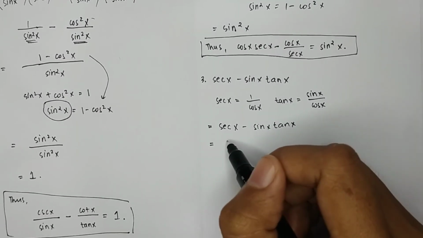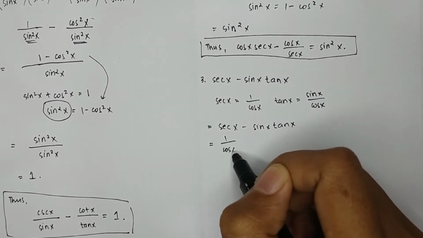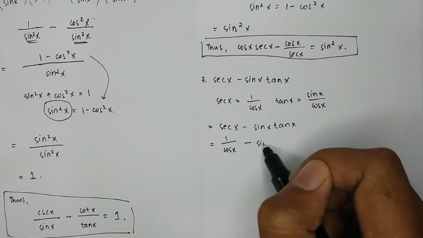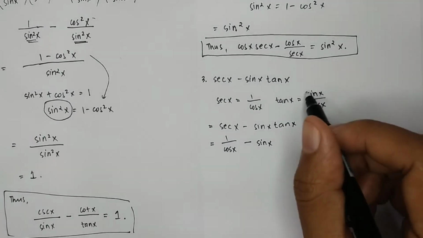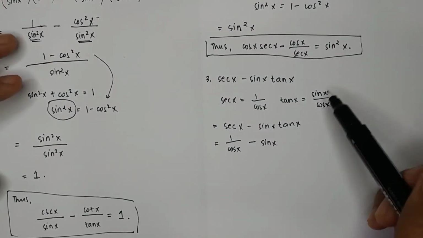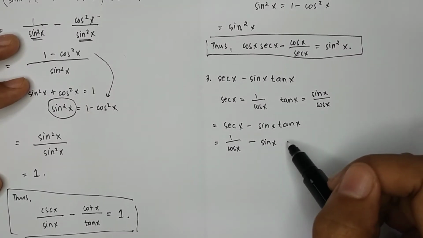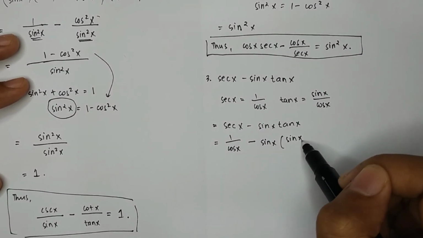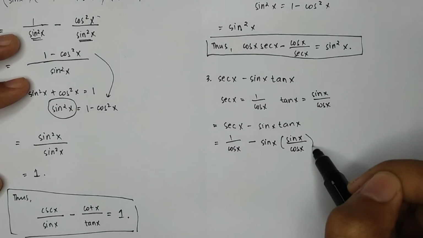This is equal to 1 over cosine x minus sine x, and we substitute for tangent: sine x over cosine x.